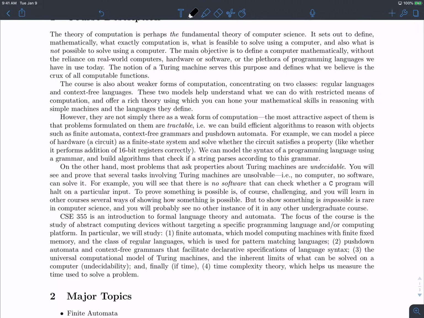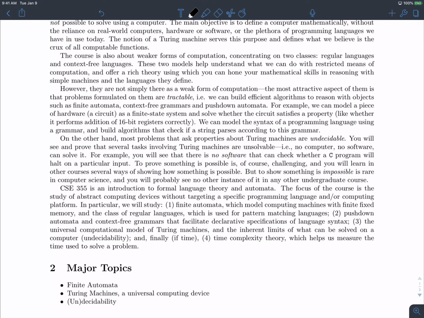And then we'll find that that model can't solve everything, so we move up to a model for our computers, and we finally end by saying, oh, there are some problems that our computer can't solve. So that's basically what the class is about, understanding what it means to compute something. Do we really need all of this computation power, or can we work with a much simpler thing?